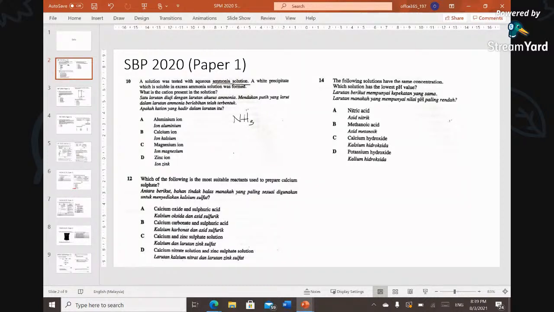You add a little ammonia, then add ammonia in excess. When you add ammonia in excess, you can divide all the cations into three parts. Ca2+, Pb2+. I'm sure you all have your own way to memorize this, but if you don't, you can follow mine.